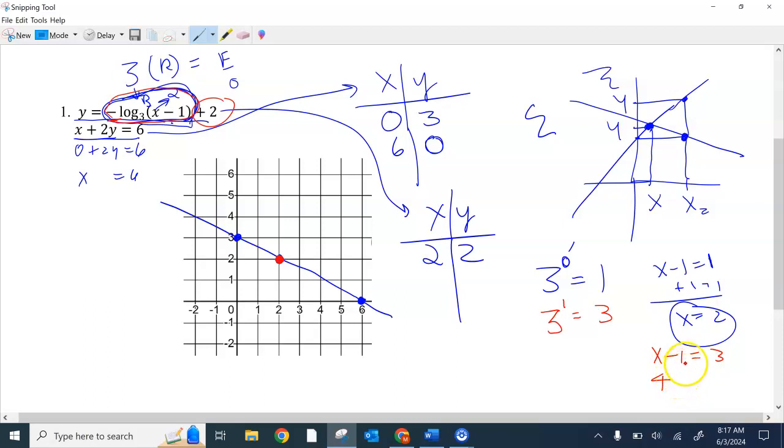Now keep in mind, this is negative, so the whole thing would be 1 if it was 3, and since it's negative, it's negative 1. So negative 1 plus 2 is 1.